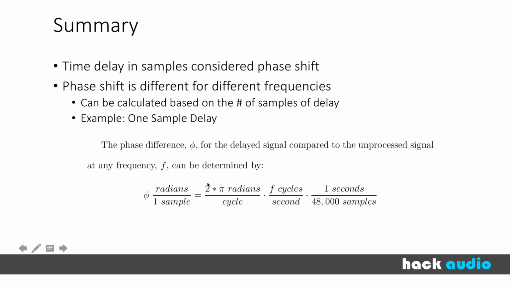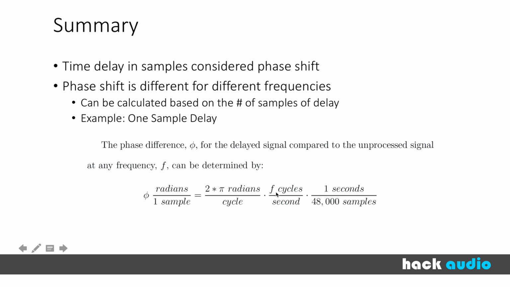So we set it up and we know that there are 2 pi radians for every 1 cycle, or it could be 360 degrees per cycle. So now our cycles are going to cancel. And then if we use our sampling rate, which is for every 1 second, there are 48,000 samples. Now our units of seconds cancel, and we end up with radians per sample. So we plug in whatever frequency we want, and we can figure out what's that phase difference or the phase shift that we introduce for that frequency.